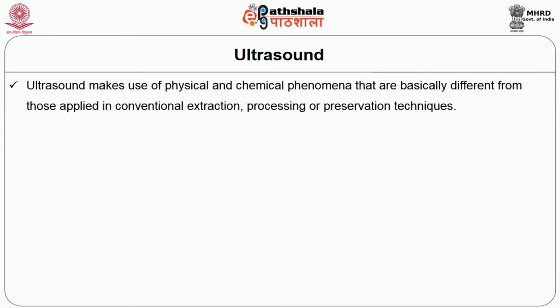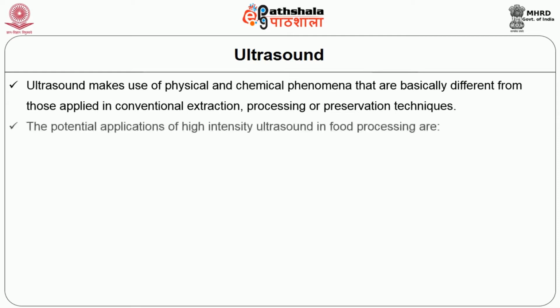With regard to the application of ultrasound in food processing, ultrasound makes use of physical and chemical phenomena that are basically different from those applied in conventional extraction, processing and preservation techniques.